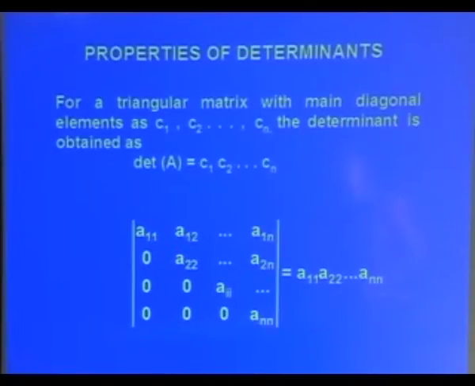Now, for this minor we evaluate along this particular column. A22 multiplied by this minor will contribute, but the rest of the terms will not contribute. Similarly, we will go to the next lower order minor, and this way we will continue, and finally we will have only this term left with us. So, what we have is the product A11, A22, ANN as the value of this triangular matrix.